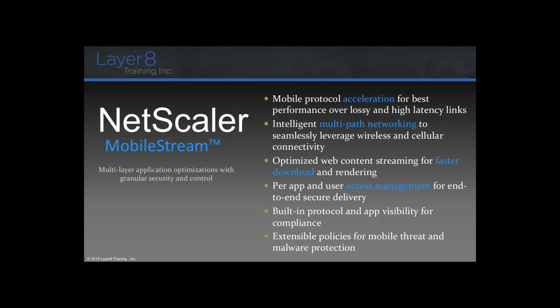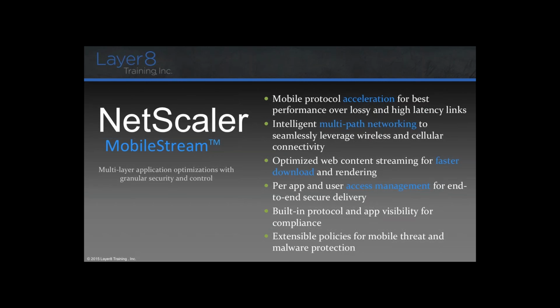So we have the multi-layer application optimization with lots of granular control. We have mobile protocol acceleration, so we're going to have nice performance over lossy and high latency links. We do offer intelligent multipath networking, so if we are leveraging wireless or cellular connectivity.